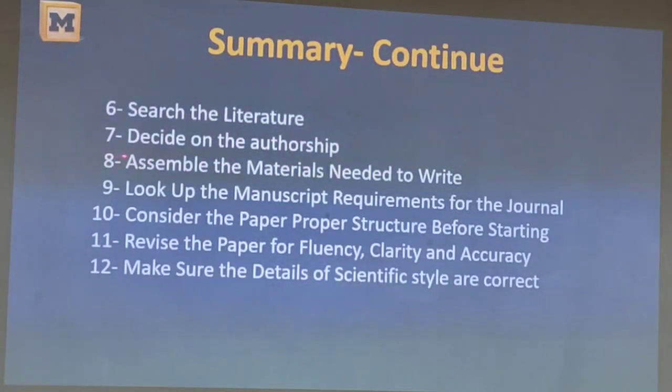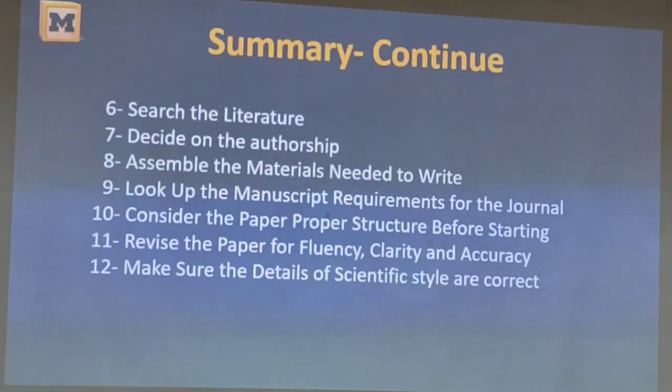Decide on the authorship, assemble the material needed to write, look up the manuscript requirements of the journal, and consider the proper paper structure. Sometimes they want an introduction, sometimes a background, so you have to follow the journal. Revise for fluency. Like I mentioned with the CF liver disease, they wrote it in English, but it had to be rewritten in English.